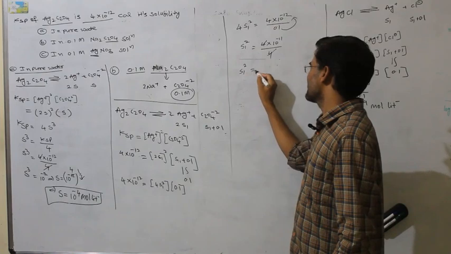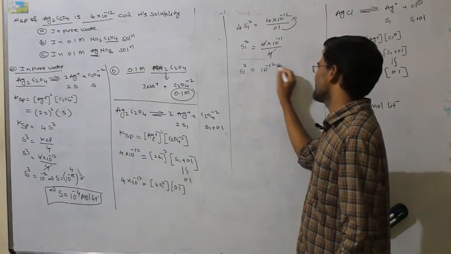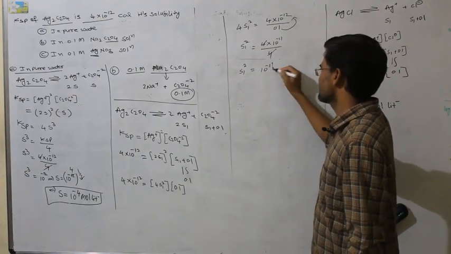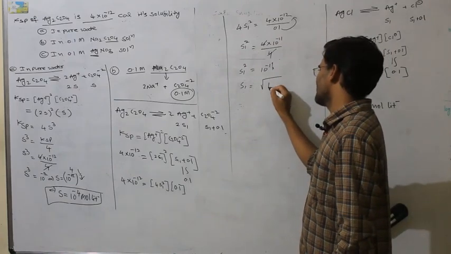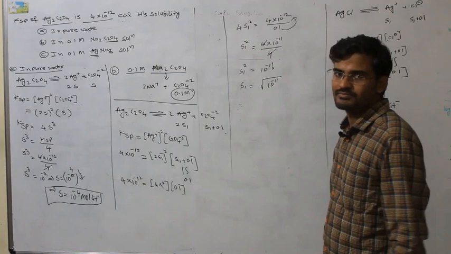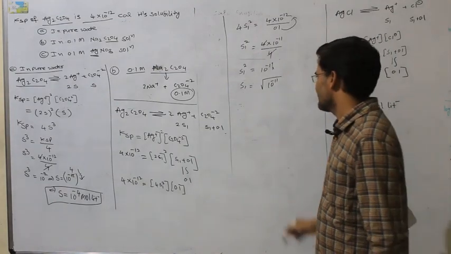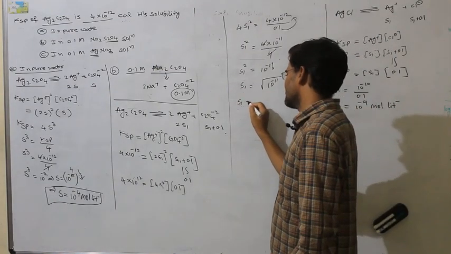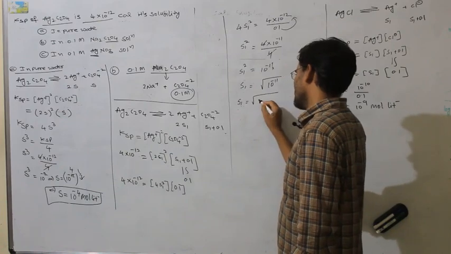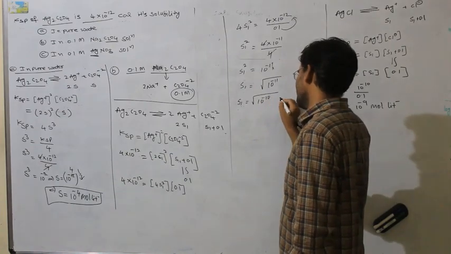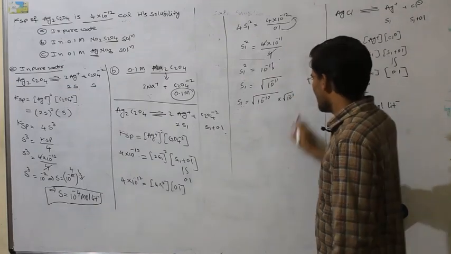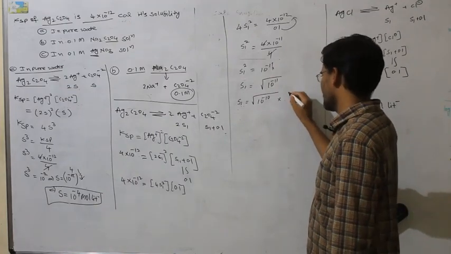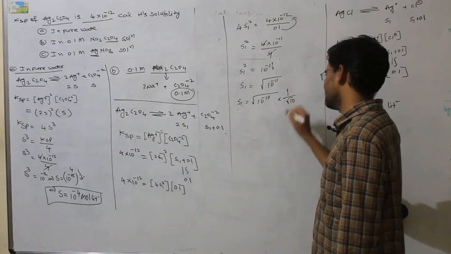S1 square is equal to 10 power minus 11. S1 is equal to root of 10 power minus 11. We can write it like this: S1 is equal to root of 10 power minus 10 into root of 10 power minus 1. Or we can write this root of 10 power minus 1 as 1 by root 10.